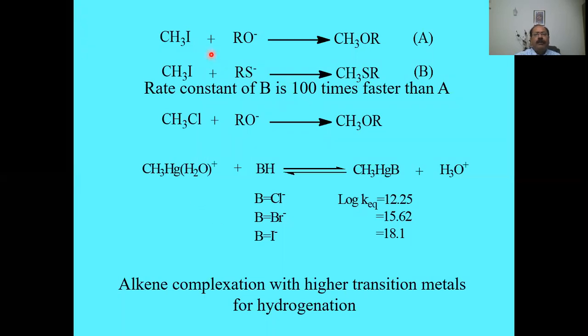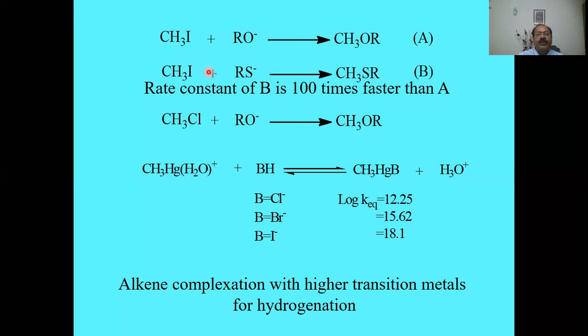Now, if we compare, we have the same substrate, methyl iodide, which can only undergo reaction via SN2. It cannot preferably undergo reaction via SN1. But we have now carried out reaction with RO minus and RS minus. Both the products are formed, but the second reaction is 100 times faster than this reaction.